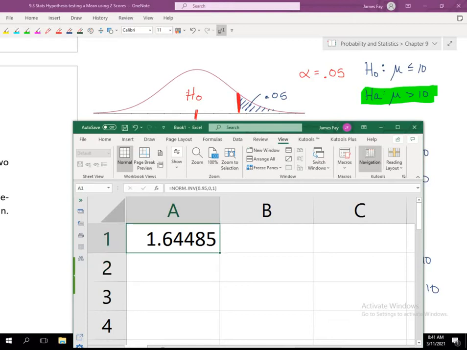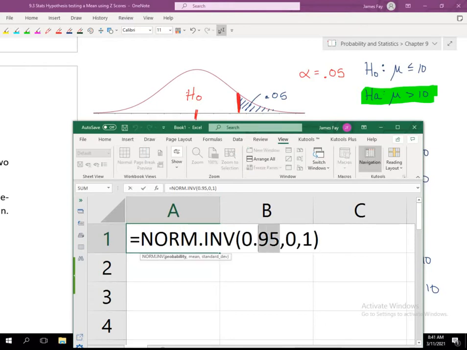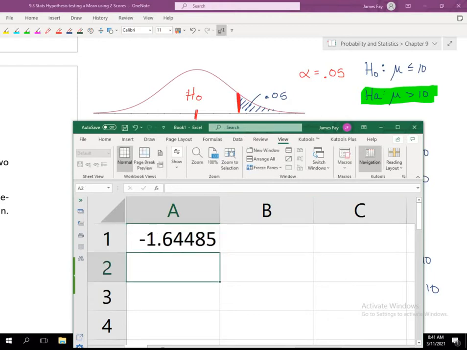You can also do it this way. I can just take my alpha, 0.05, and hit enter. That gives me the z-score that is right here. Does that make sense?